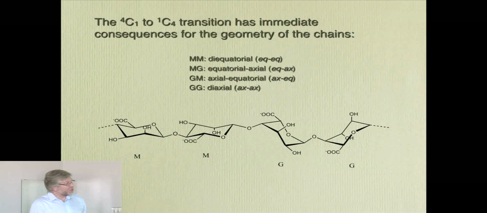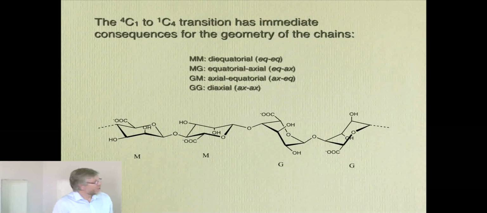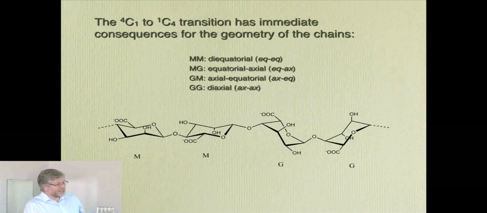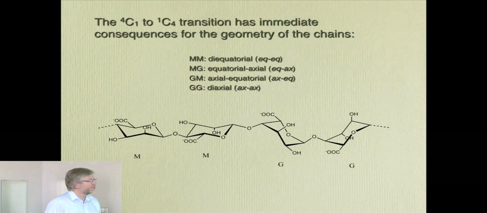And as a consequence, you can see that G's after one another form a U-shaped structure. Whereas the M's make an extended flat structure. And inside this structure, interesting things can happen. What do you think can happen here? Maybe calcium can bind here. We will look at that.